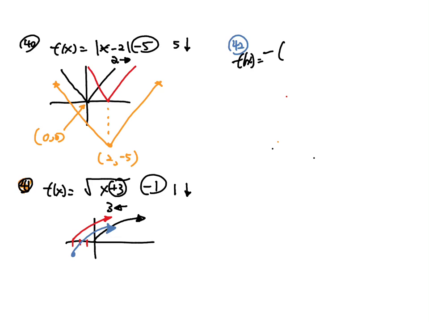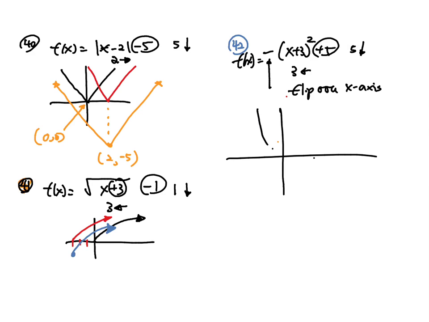Okay, 42. f of x equal negative (x plus 3) squared plus 5. So this means I have 3 to the left, flip over x-axis, I said it right this time, and 5 up.